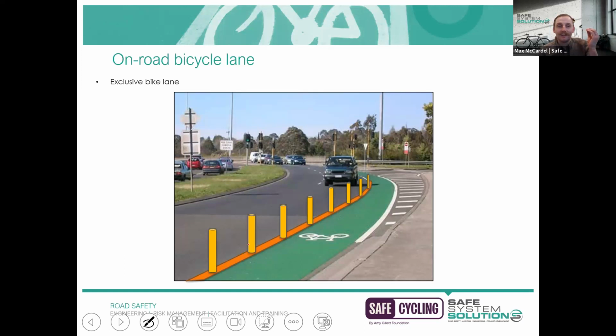Generally, exclusive bike lanes, or a bike lane that's been installed or is being proposed as part of a new highway project, will just be a solid line. And I think we should be starting to think about, well, if we're willing to include that as part of our cross section, then maybe we should be protecting this facility as well, and not just saying a line is good enough.